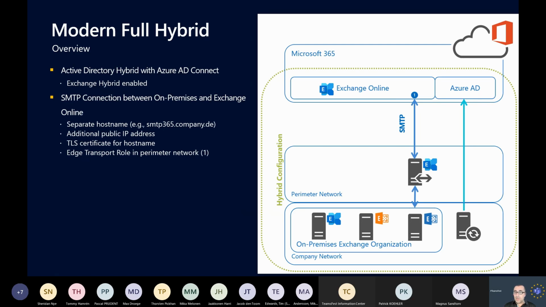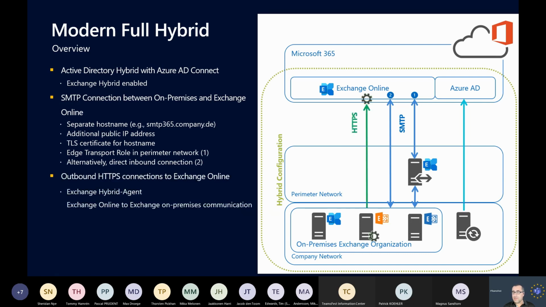There's not much difference in regards to the mail flow, because mail flow is for modern and classic hybrid just the same. You can either connect directly the two Exchange organizations or use an edge transport server, just the same requirements. The main difference is when we talk about how client access works, so how Exchange Online communicates with the on-premises Exchange organization.